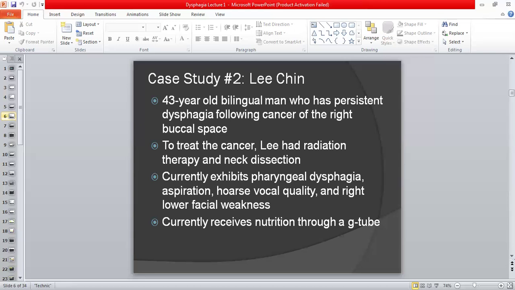As a result, we put him on a G tube, which may be removed at a later stage when Lee develops abilities in his oral cavity, as his pains and his neck weakness and right lower facial weakness improve as a result of exercises and nutrition.